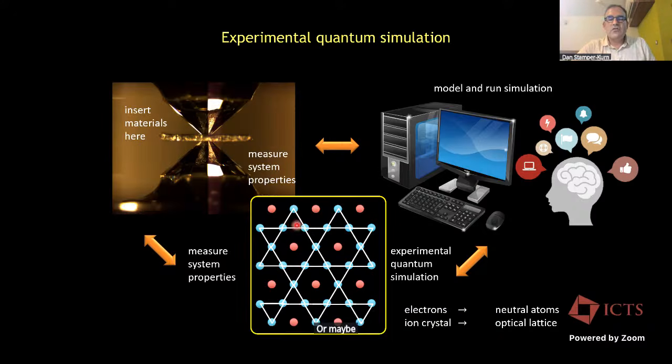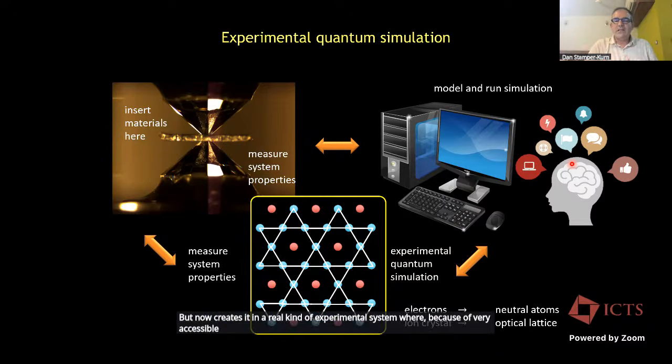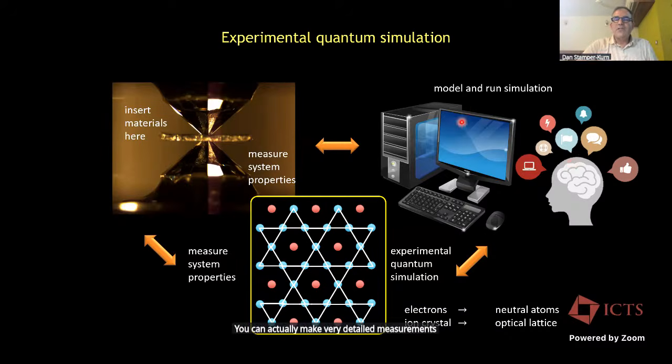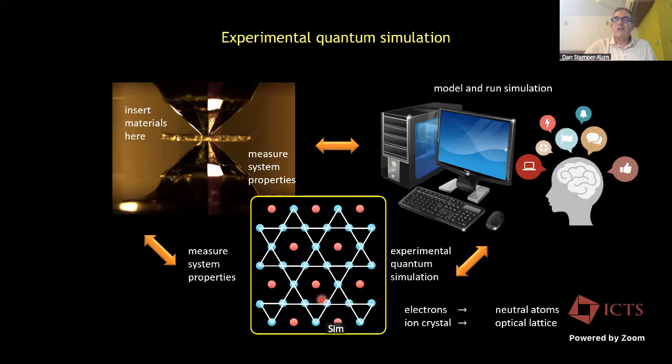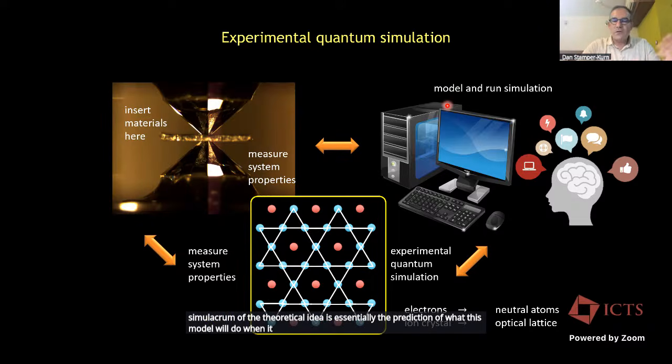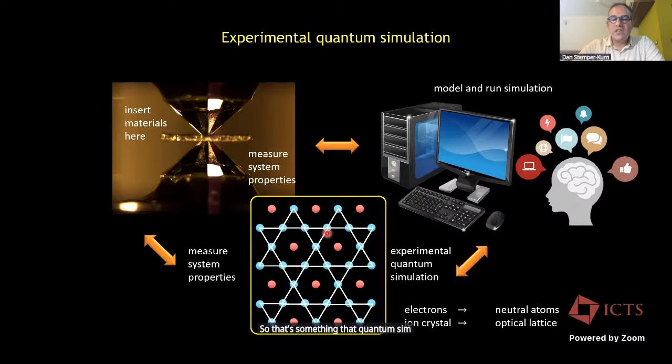Or maybe something that directly simulates something that is going on inside the head of one of these theorists, but now creates it in a real kind of experimental system where, because of very accessible time scales, length scales, and so forth, you can actually make very detailed measurements that can, for example, take the place of a numerical computation, because after all, any phenomenology you see in this simulacrum of the theoretical idea is essentially the prediction of what this model will do when it runs forward in time. So that's something that quantum simulation brings to the game.